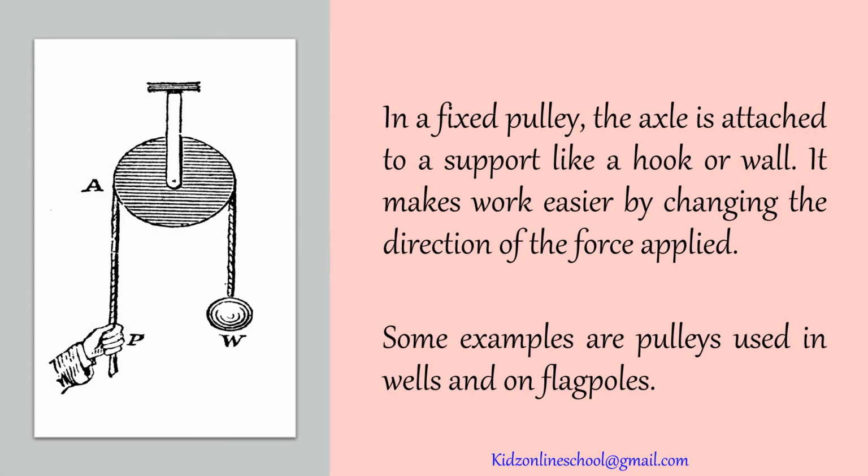In a fixed pulley, the axle is attached to a support like a hook or beam. It makes work easier by changing the direction of the force applied. Some examples are pulleys used in wells and on flagpoles.